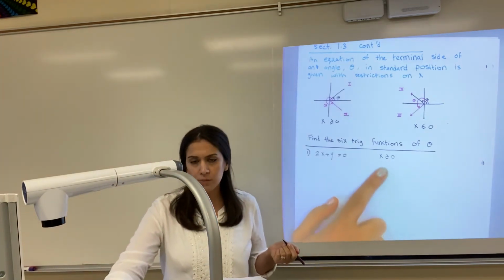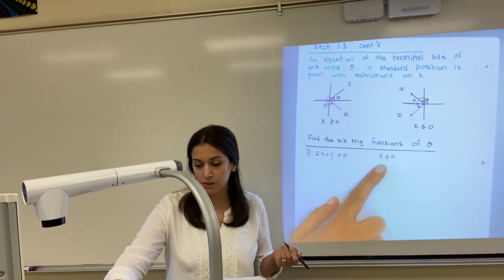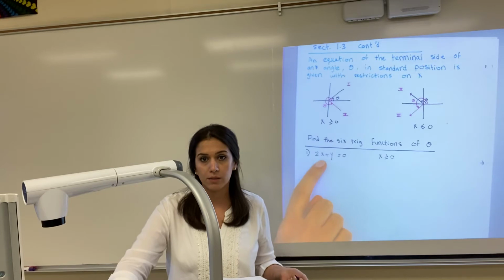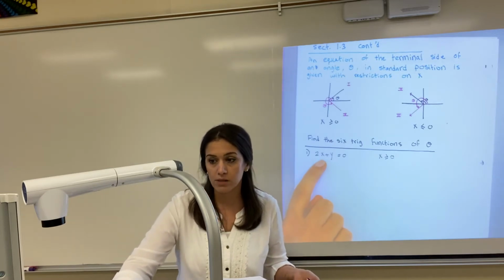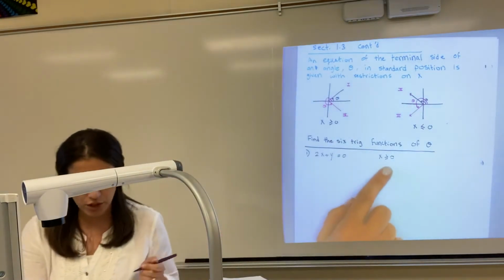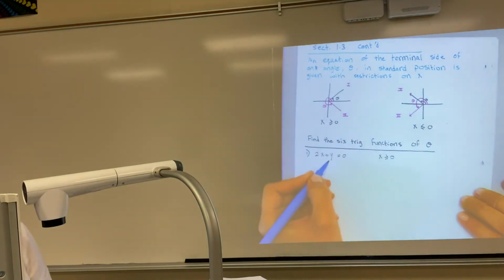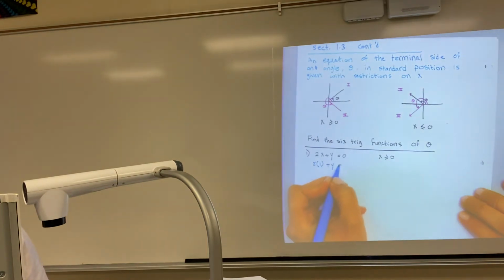So the simplest number to pick here for x is to have x equals 1. That's a number that's greater than 0, so it satisfies the restriction that I have here. So I'm going to plug in a 1 for the value of x to find y. And I'm going to solve for y. So that's 2 plus y equals 0.